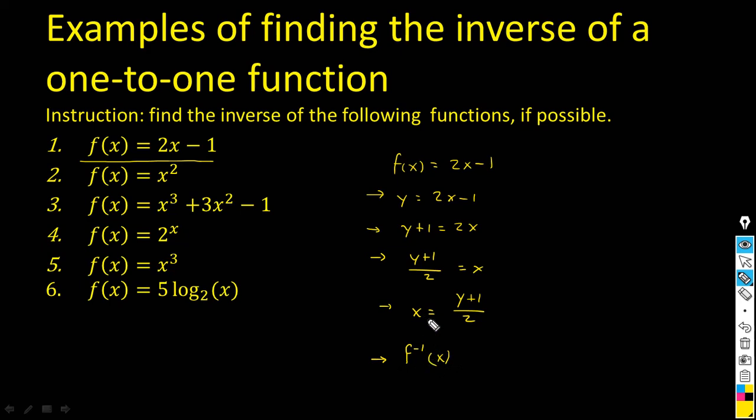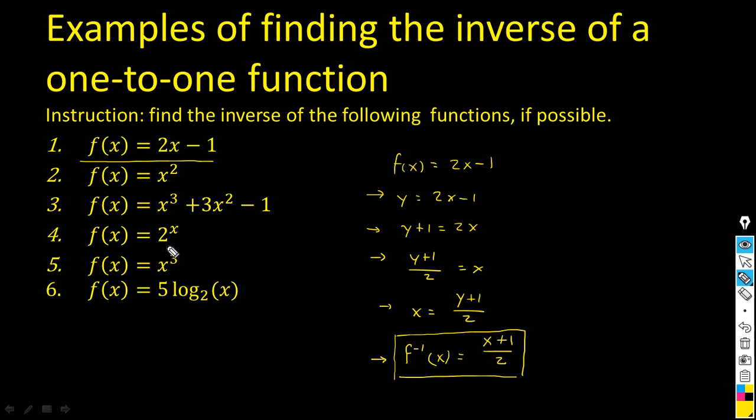Just do it. And you're gonna convert the y to x. Like so. x goes to f inverse of x, and y goes to x, and we are done. This is the inverse function of this function f of x.